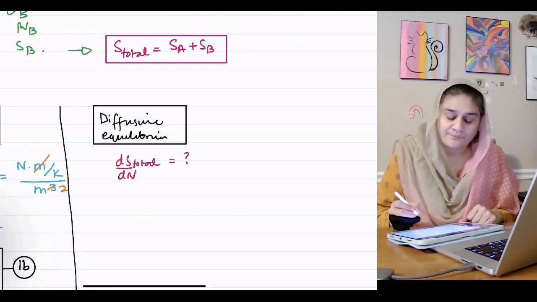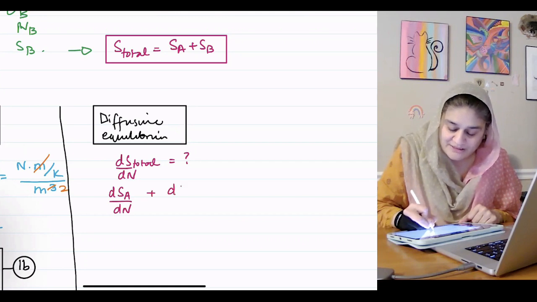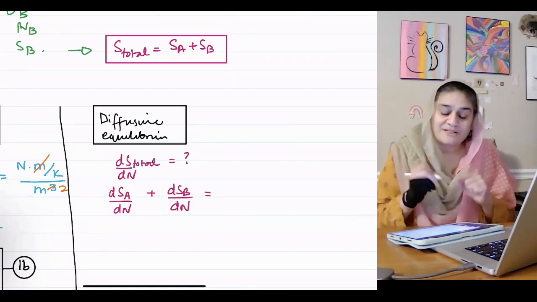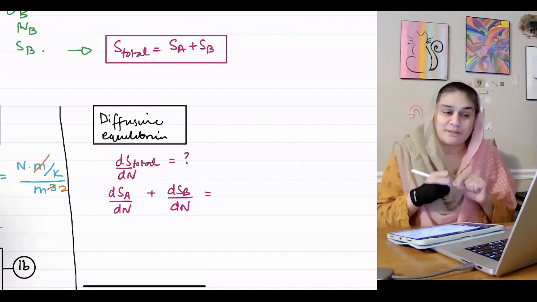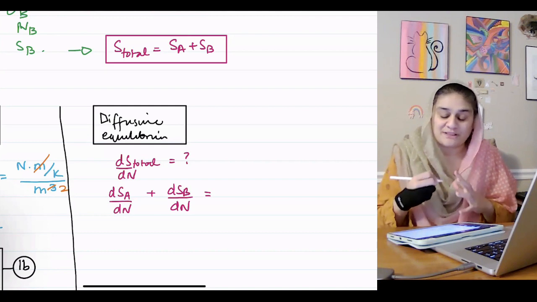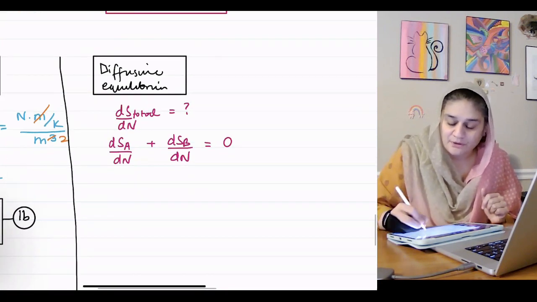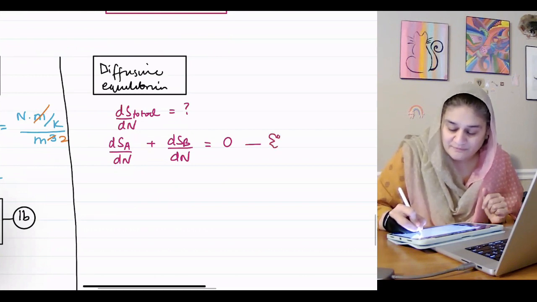I know that I can rewrite this as dSA over dN plus dSB over dN. Now, dSA over dN plus dSB over dN must equal 0. I'm going to call this my butterfly equation.